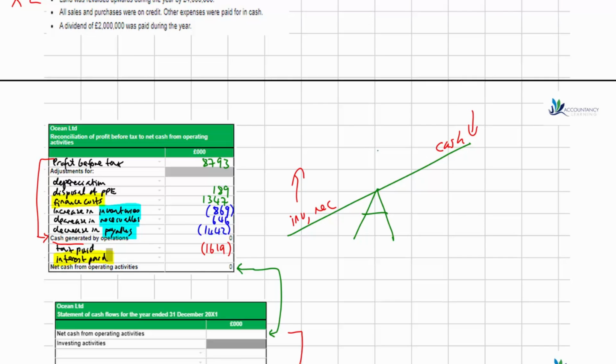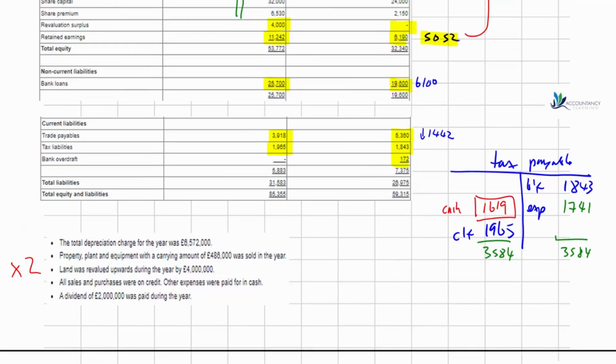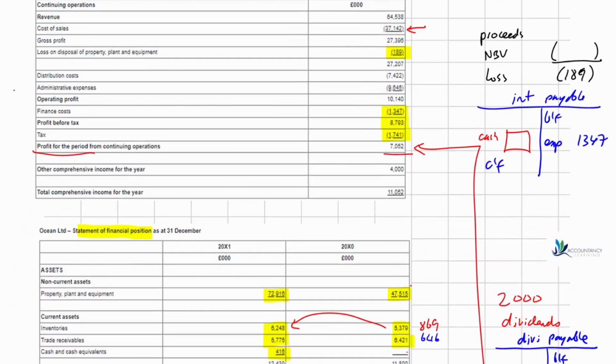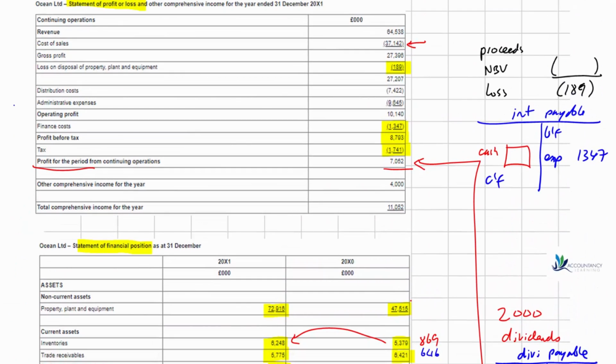So we've put in the expense at the top, but we still need to work out how much cash was paid to the banks. Those are the numbers I want to use in my statement of profit or loss. All the other figures are basically just telling us how much the profit before tax was, so I don't really need to use any of the other ones.